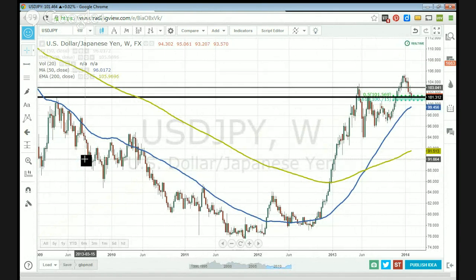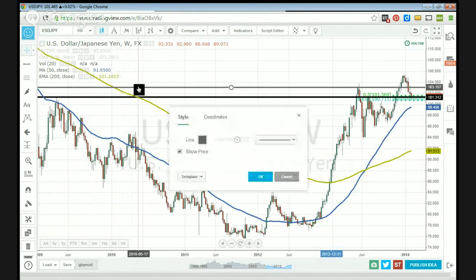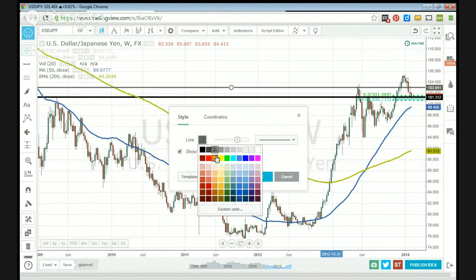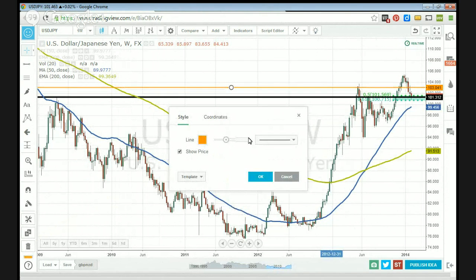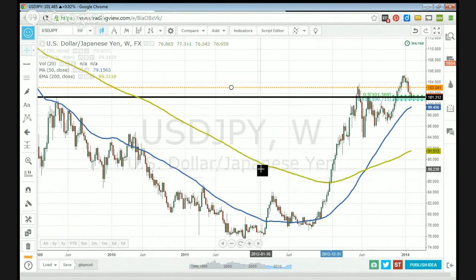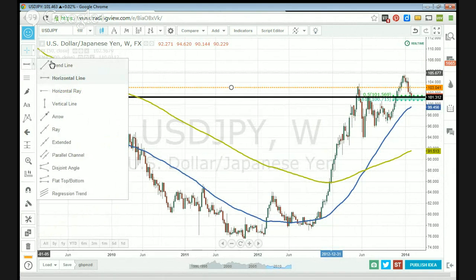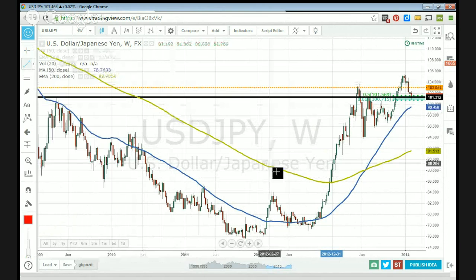So the stop's going to be kind of far out. The stop could be... Let's actually make this... And let's draw a trend line from here.